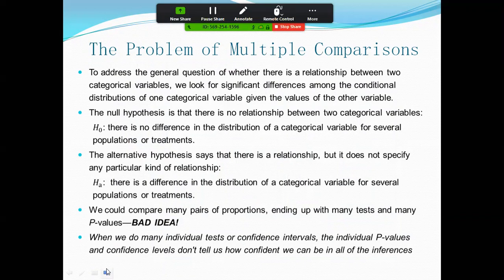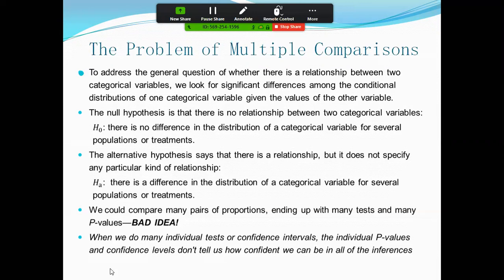The problem of multiple comparisons. To address the general question of whether there is a relationship between two categorical variables, we look for significant differences among the conditional distributions of one categorical variable given the values of the other. The null hypothesis is that there's no relationship between the two categorical variables.